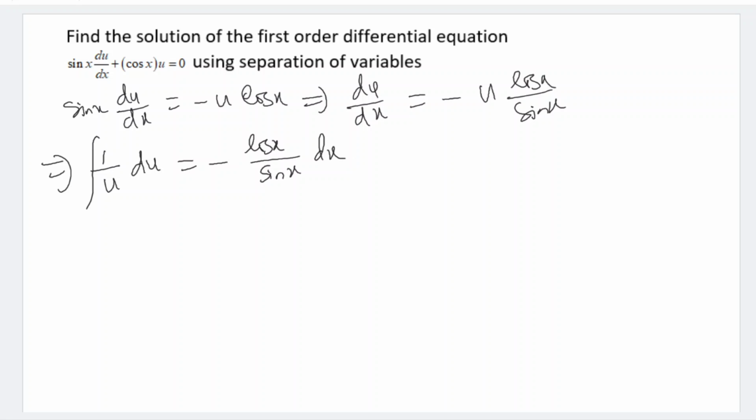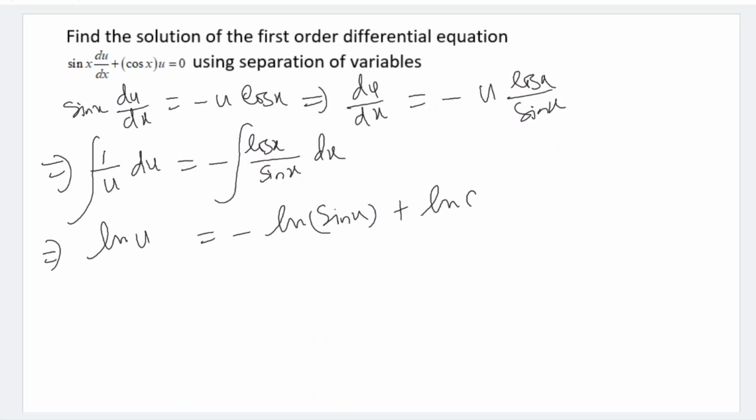Now when we integrate both sides, we get ln of u equals minus ln of sin x plus ln of c1. Here we consider ln c1 as an arbitrary constant, that means the integrating constant.